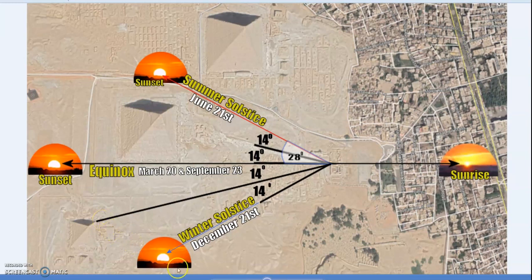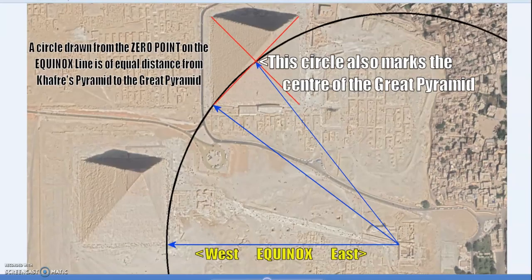There is a whole other set of information in plain sight in regards to this. Also, from that zero point marker, which I'm not suggesting, I'm saying explicitly that this is the point, because again, that great circle joins the corners of Khafre and the Great Pyramid, as well as cutting the Great Pyramid in the center, leading us to the alignment to Heliopolis.